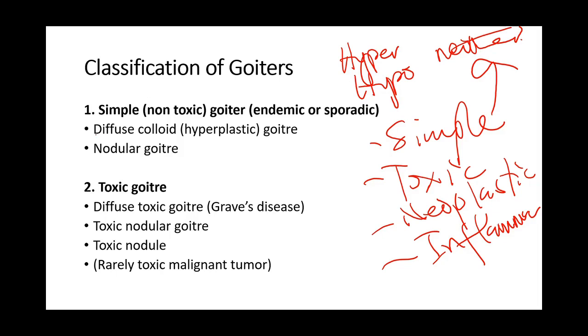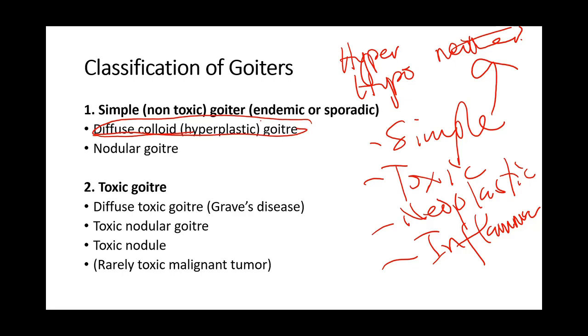This diffuse colloid could be a physiologic goiter, okay, and it could be seen in conditions with increased metabolic demands because, of course, the hormones that are produced, the T3 hormones, the thyroxine, they increase oxygen utilization by body cells. So there's increased metabolism, okay?